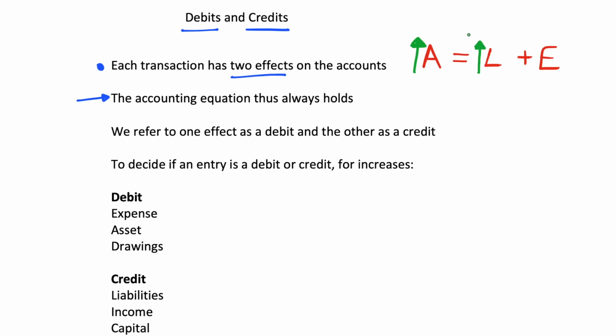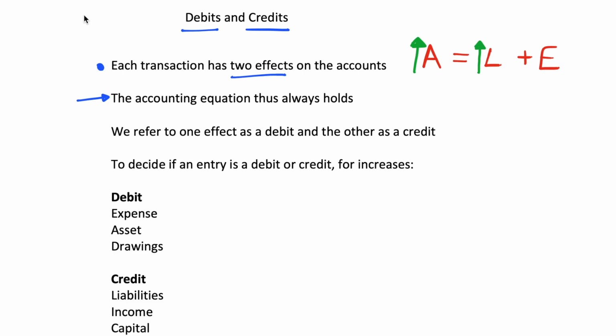And so this transaction would be recorded in two places. It'd be recorded in our assets and in our liabilities, and the way this works out, it means that the accounting equation is always going to hold. This is always equal because when we've increased our assets, we've also increased our liabilities, so the left side and the right side of this equation have increased by the same amount, so our books will still balance.